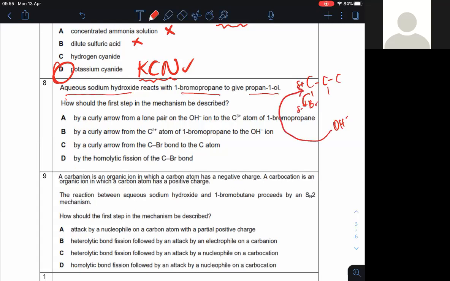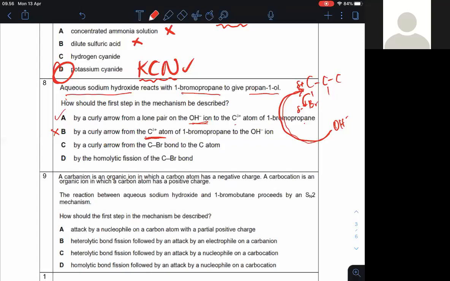So which one should be the answer here? By a curly arrow from a lone pair of the OH ion to the C delta plus on the bromopropane. So this one is possible. Curly arrow from C delta positive to OH is wrong. It's supposed to be from OH to over there. It's a movement of electrons. So this one is wrong.